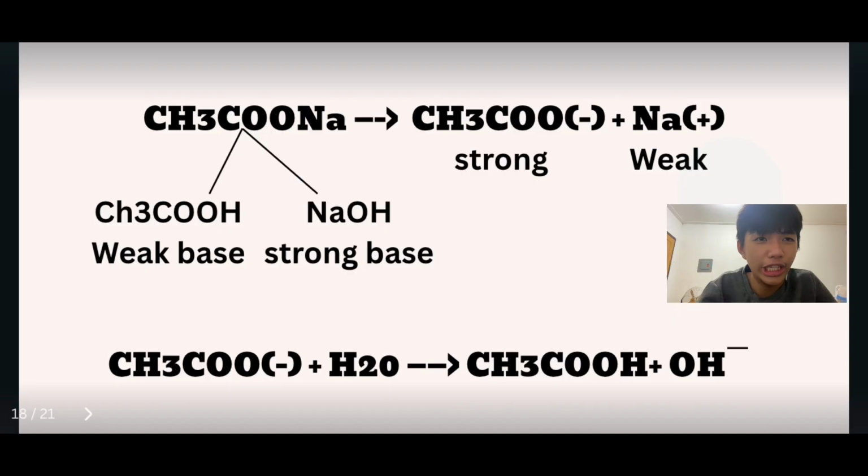Hydrogen is a constant term that will react with acids. But our acids are weak, not strong. So we base on the strong conjugate, our strong base, which is the one that should react with hydrogen. Our strong base is CH3COO negative, so it reacts with H2O.